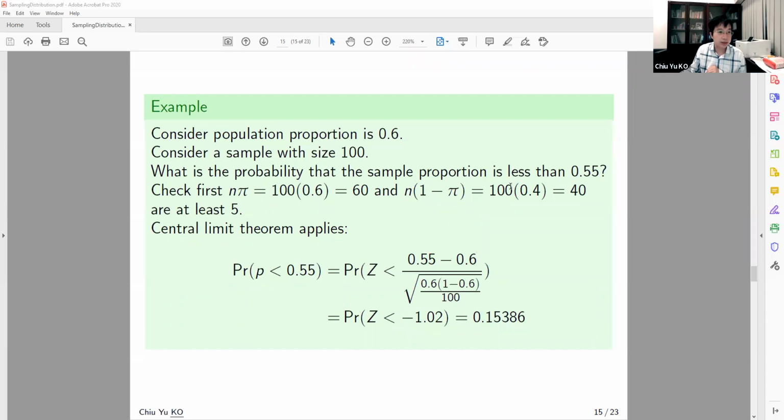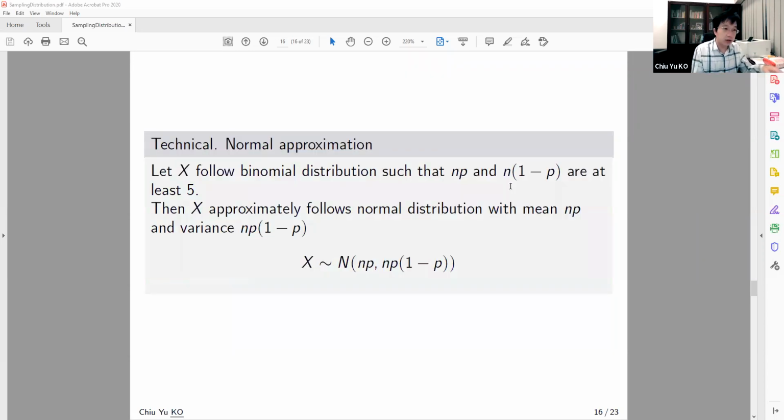You can see I skipped one slide because I think that's technical. I rewrote it a little bit.